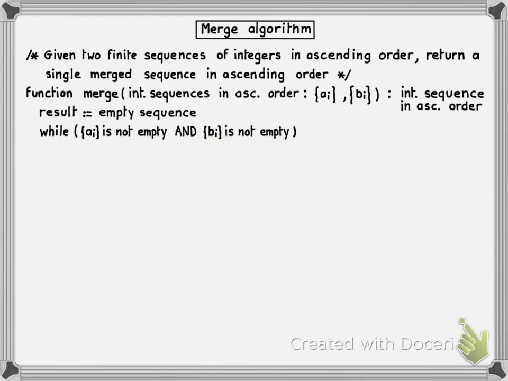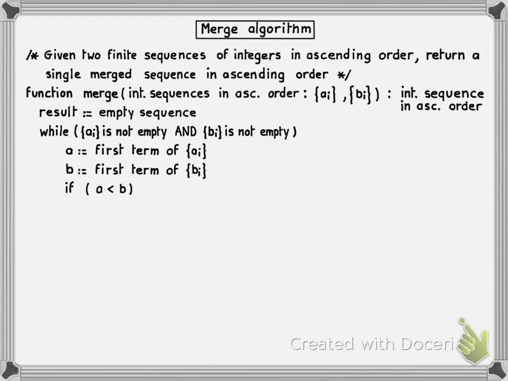We're going to look at the first element in the first sequence, let's call it A, and the first element in the second sequence, let's call it B. These are two integers, so we can compare them. If A is smaller than B, then what do we know? Well, we know that A is the smallest integer in sequence A sub i, since it was the first term, and it's also the smallest element out of all the elements in B sub i, because A is smaller than B, and B is the smallest element in B sub i.